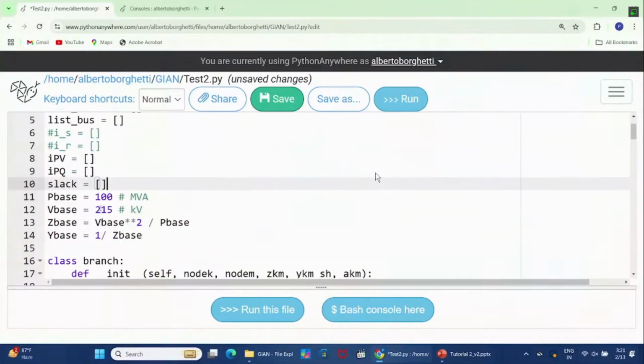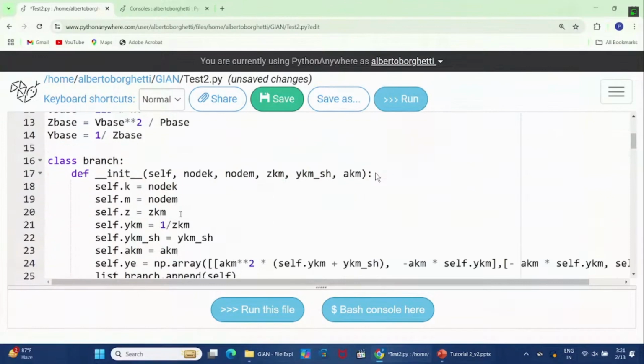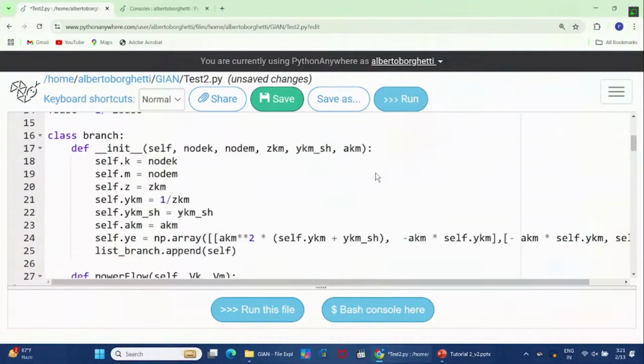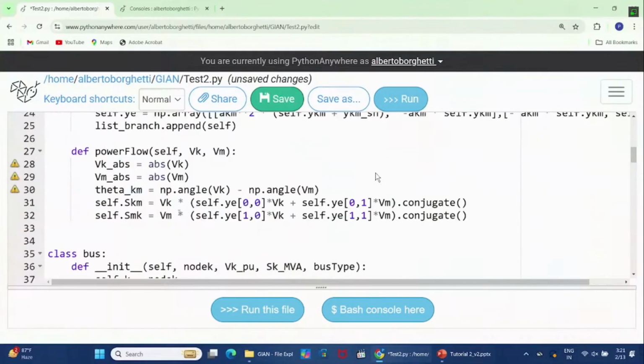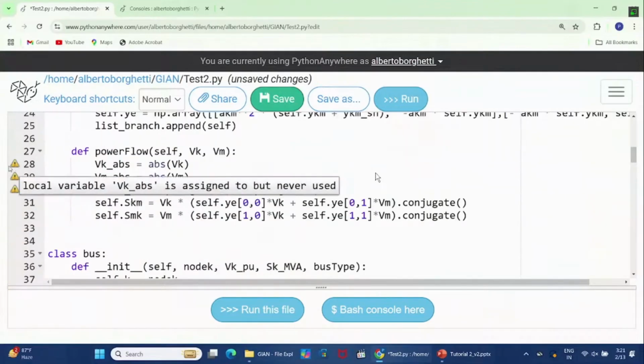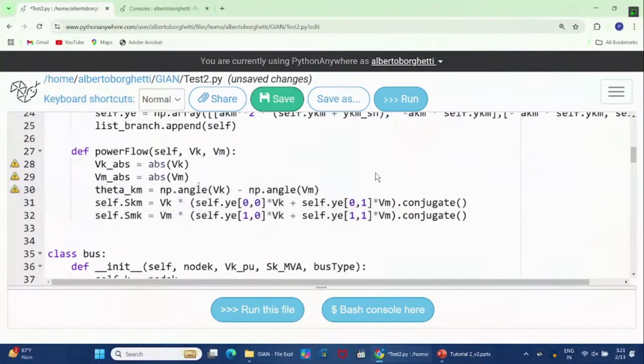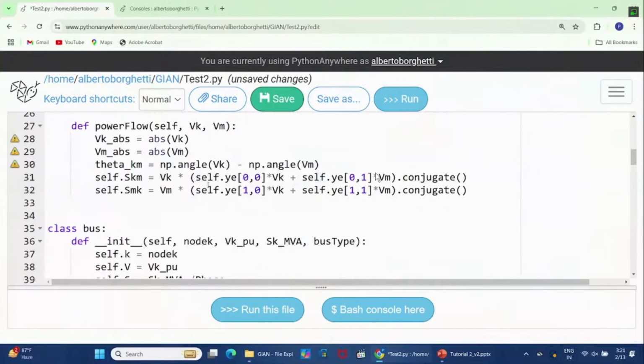So probably of these instructions, the only one that is needed is P base because all the other elements are already in per unit. And then I need to say in the buses, all these are fine. Yes, it's true.